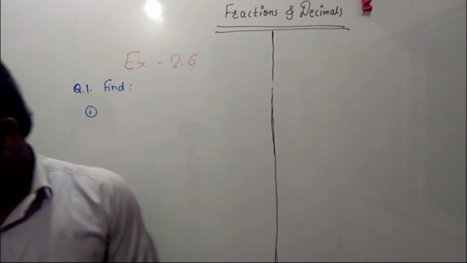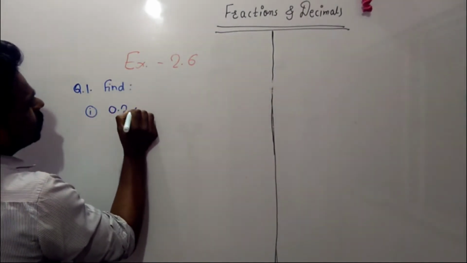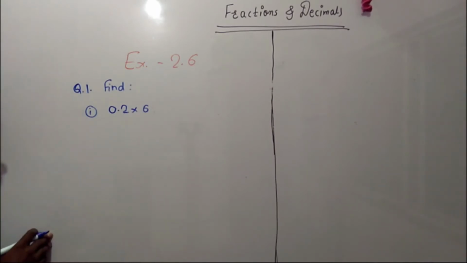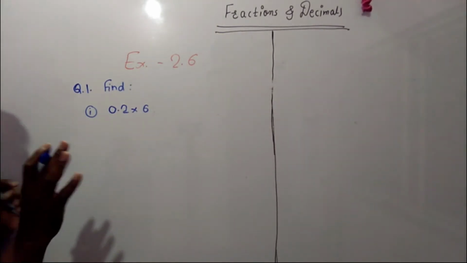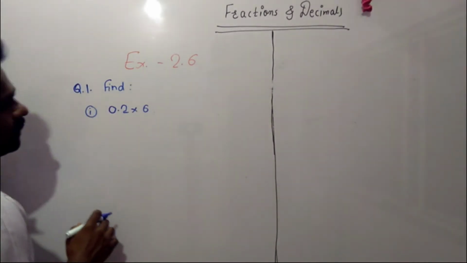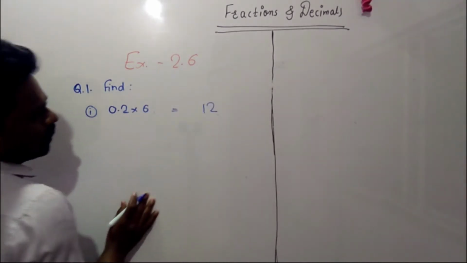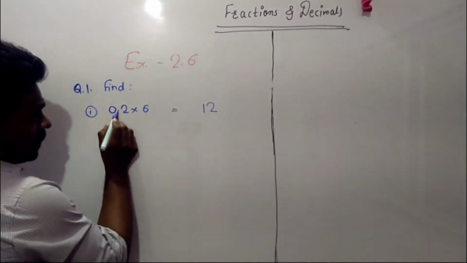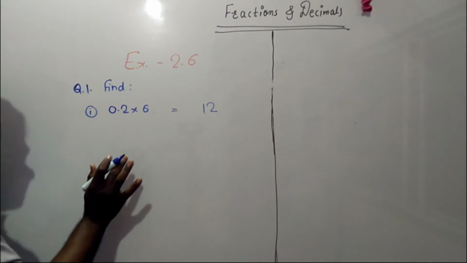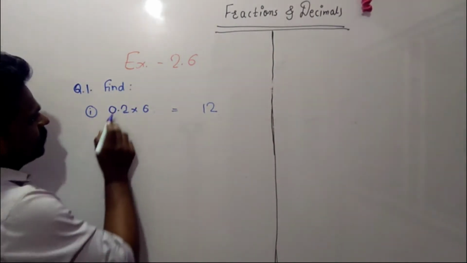Okay. 0.2 into 6. No problem, I'll do it in a detailed way. Here you can tell me the answer directly: 6 2s are 12. Okay, no problem. If the answer is 12, how many digits haven't we considered after the decimal point?